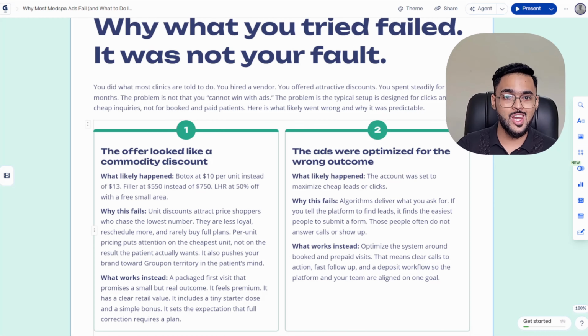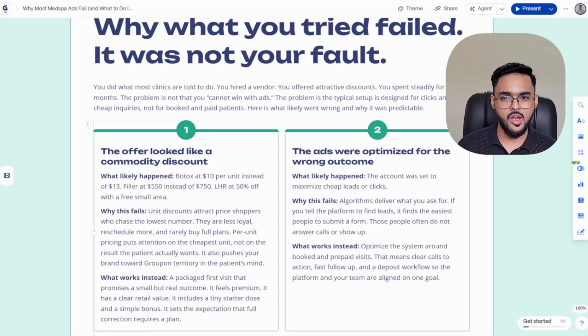On paper, it looks like a deal. But here's what happens in real life: it attracts bargain hunters, people who call three clinics, ask who's the cheapest, and never come back. That's why it feels like your ads just brought in shoppers, not real patients.